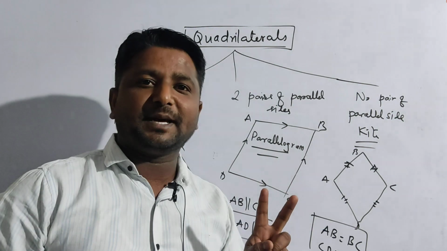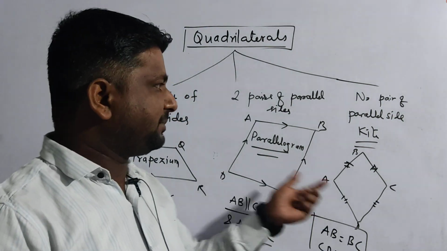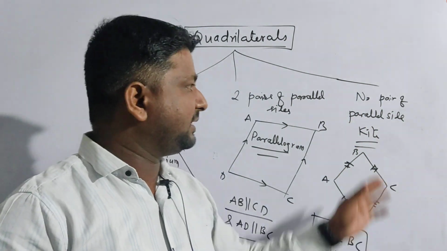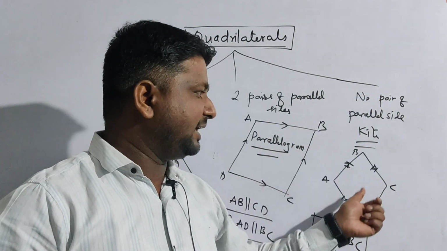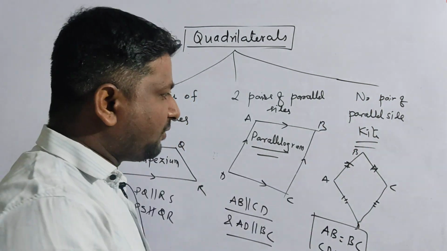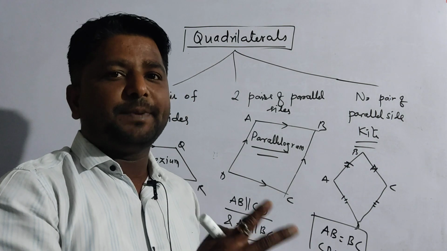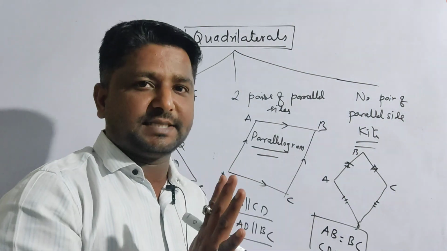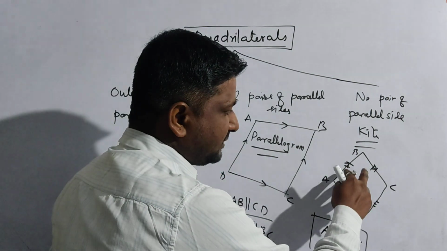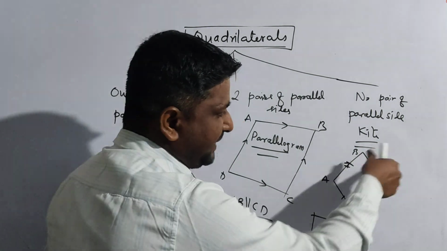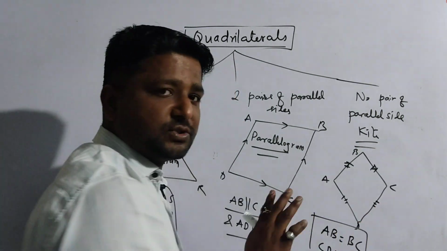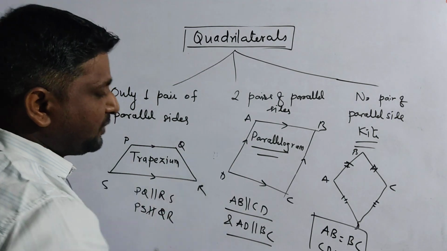If you have two pairs of parallel sides, then it is called a parallelogram. If there is no pair of parallel sides, it means it's a kite. Along with that, there will be two pairs of congruent sides, but they would be adjacent. If AB equals BC, then BC will not equal CD, right? So this is about quadrilaterals.